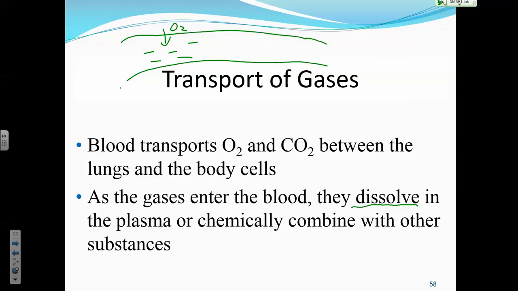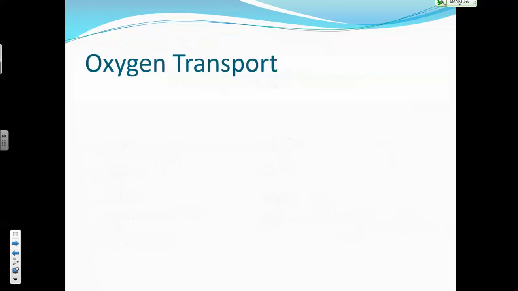But your body needs more than that amount. So what does come in is just dissolved, but any excess is going to combine with other molecules. And so that's what this is talking about. So you always have a saturation point. Anything beyond that, and you need a whole lot more than that, is going to combine with something else.